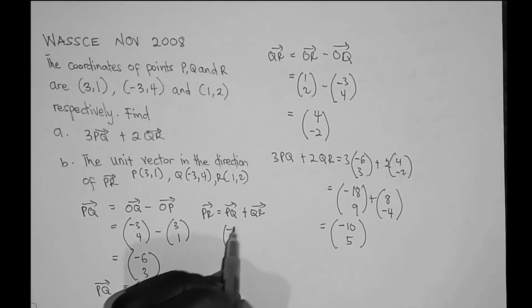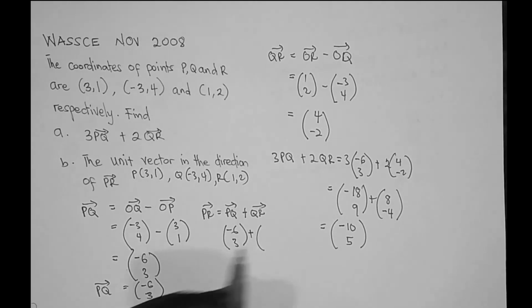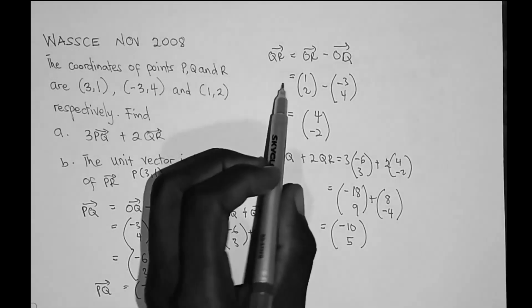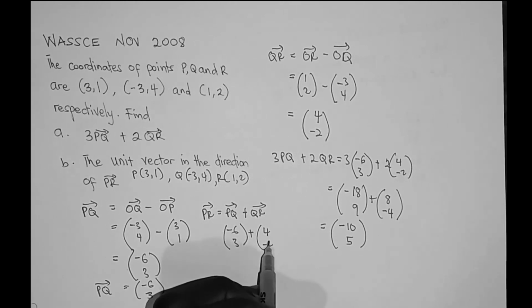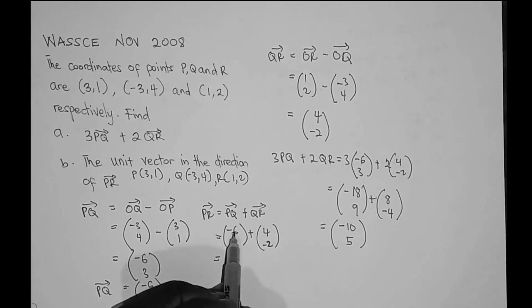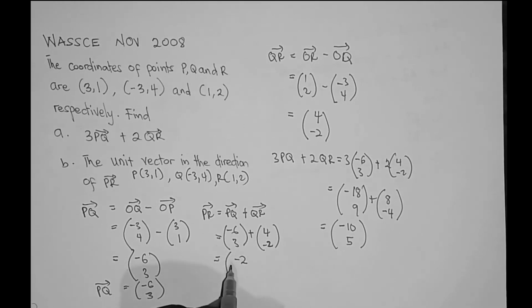PQ is minus 6, 3, plus QR. QR is 4, minus 2. So this is equal to minus 6 plus 4 is minus 2, and 3 minus 2 is 1. So PR is minus 2, 1.